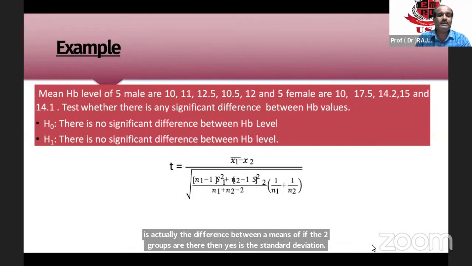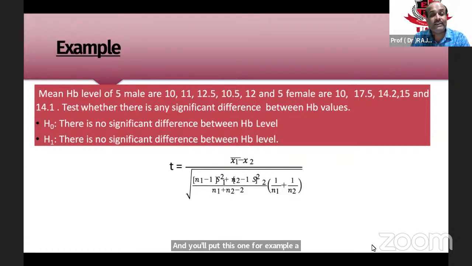When you apply this, for example, take the hemoglobin levels of 5 males: 10, 11, 12.5, 10.5, 12.5. And females are also there, because we are comparing male and female. Like this, hemoglobin values are given. First and foremost, frame the null hypothesis, H0: there is no significant difference between the hemoglobin level of male and female.